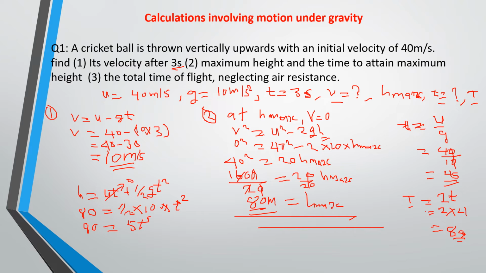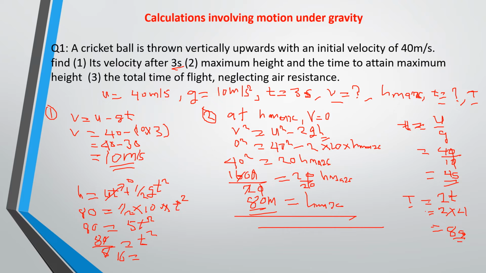So divide both sides by 5, you have 80 divided by 5 equals t squared. 80 divided by 5 will give you 16.